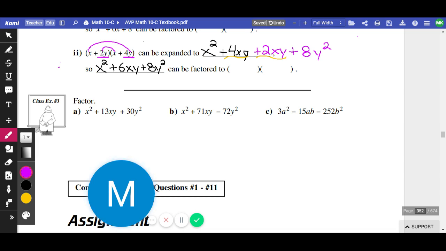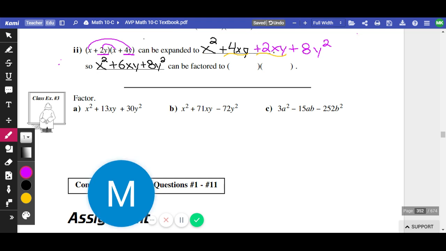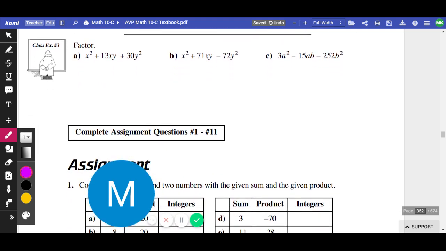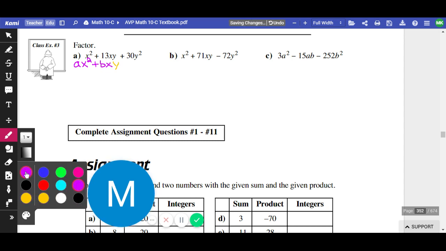We're going to try to use that idea or knowledge to try to factor trinomials with y's in it to see what happens. All right, so we got these 3 questions right here. I look at this, I notice it's in that form, right, where it's like ax squared plus bx, but now there's a y, and then plus c, and now there's a y squared.